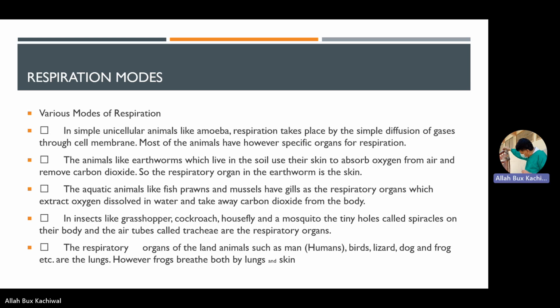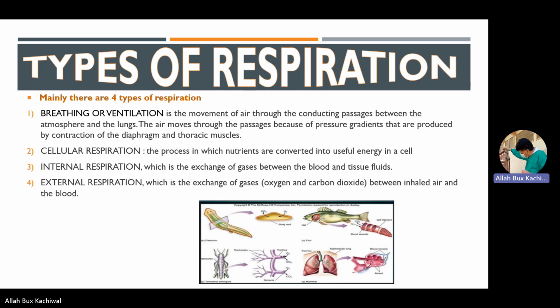In insects like grasshopper, cockroach, housefly, and mosquito, the tiny holes called spiracles on their body and the air tubes called trachea are the respiratory organs. The respiratory organs of land animals such as men, birds, lizards, dogs, and frogs are lungs. However, the frog breathes both by lungs as well as by skin.